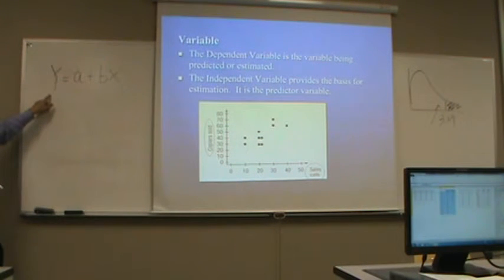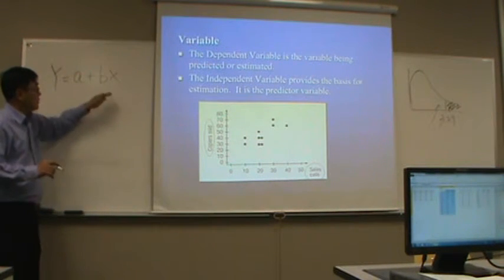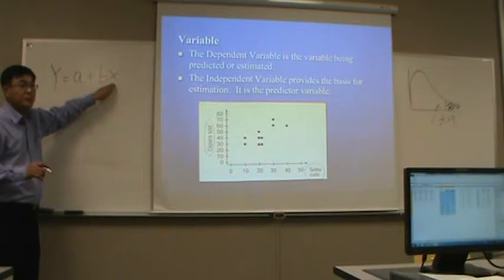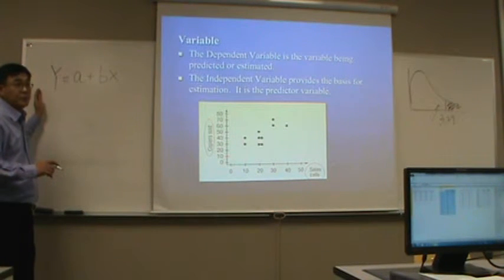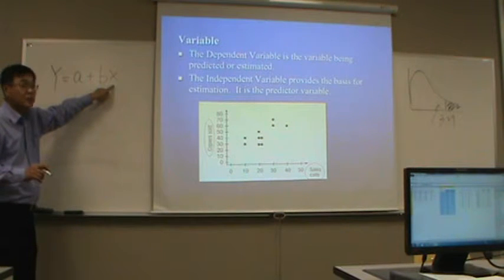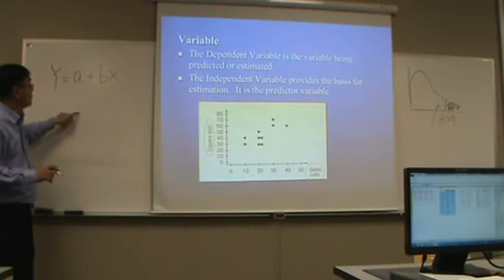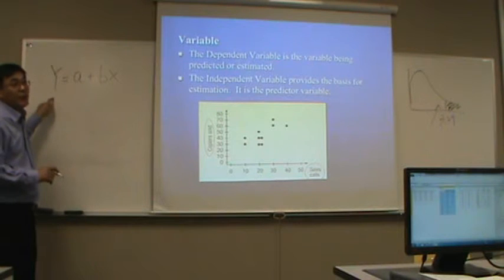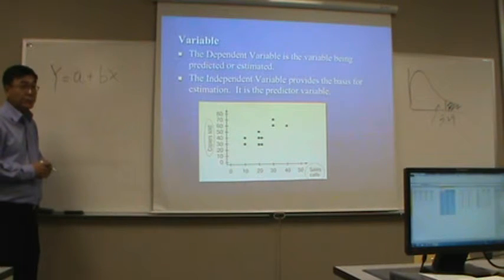The y variable is the dependent variable. Usually x moves, then y moves. So x moves independently, and depending on this x move, y moves. So y is the dependent variable.